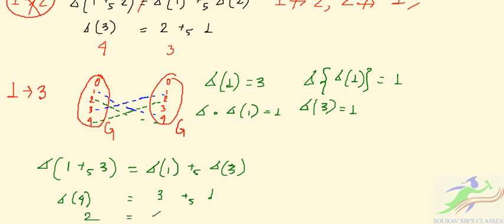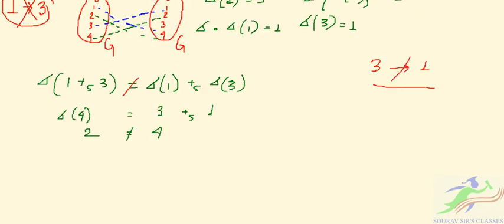Is that equal to 4? It is not equal to 4, so 1 cannot map to 3, and similarly 3 cannot map to 1. So now let's check with this option, 1 to 4.